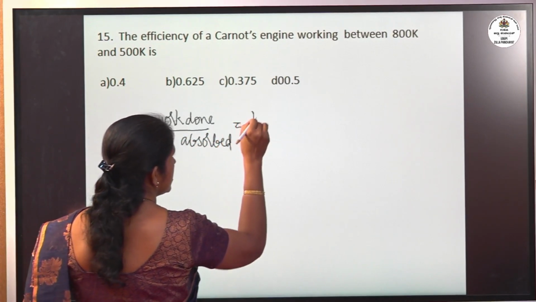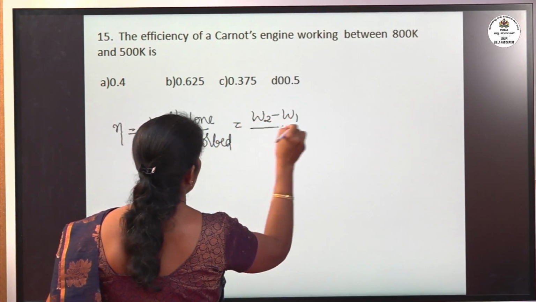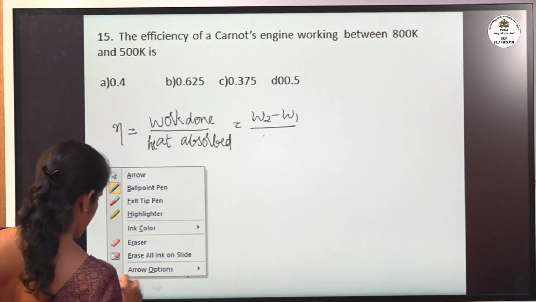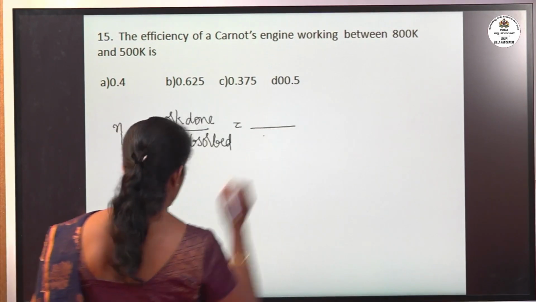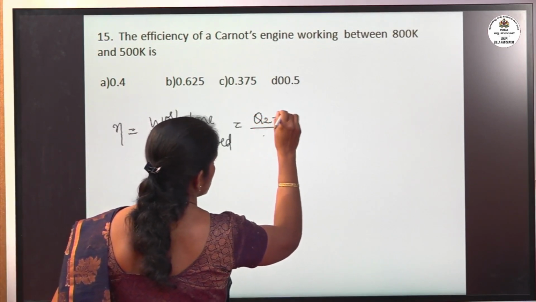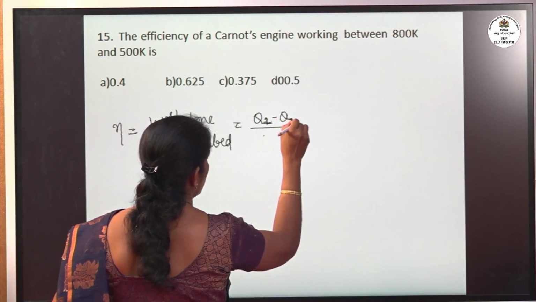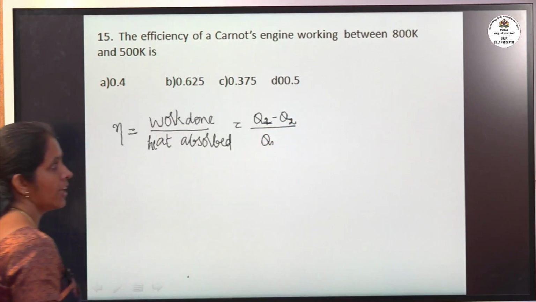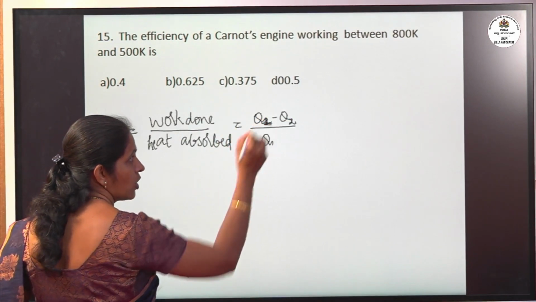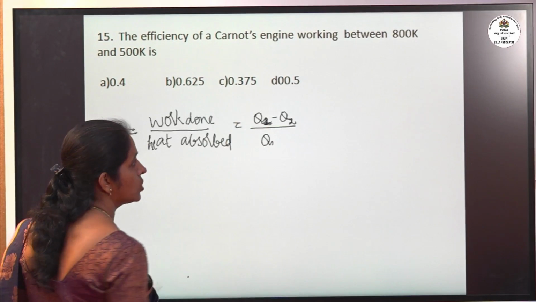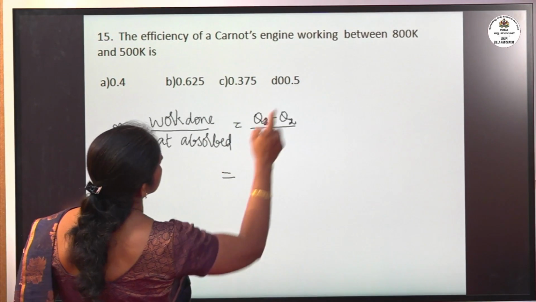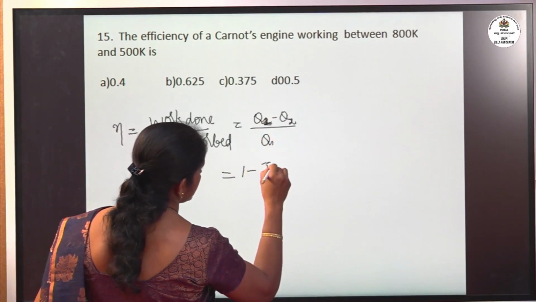Work done is Q1 minus Q2, where Q1 is the amount of heat absorbed from the source, which is the hot body, and Q2 is the amount of heat rejected to the sink. This is also equal to 1 minus T2 by T1.